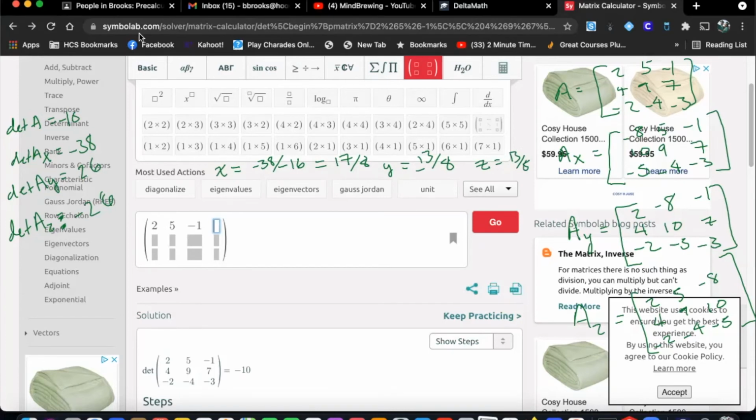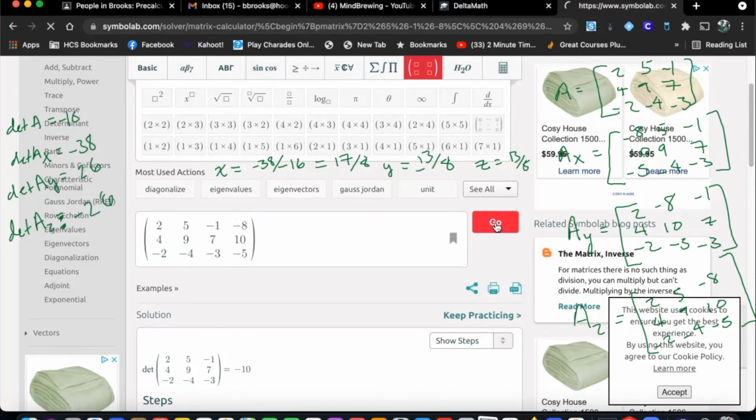Let's see if it's right. So we're going to do -8, then 4, 9, 7, 10, then -2, -4, assuming that I did this right, -3, and -5.